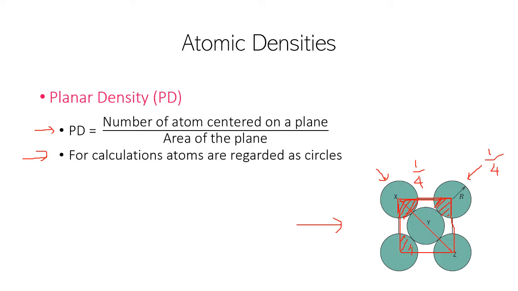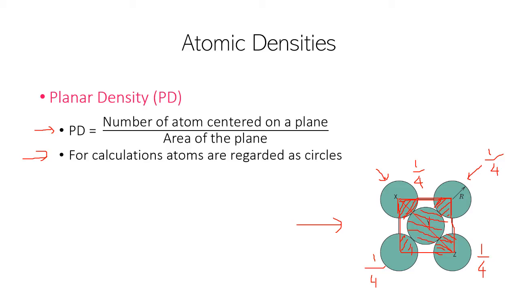So all the corner items have their 1/4 portion, 1/4 area inside that plane. So hence we have to calculate the equivalent number of items by summing all these portions. So 1/4 of all the corner items, and finally this complete face centered item is inside this square.